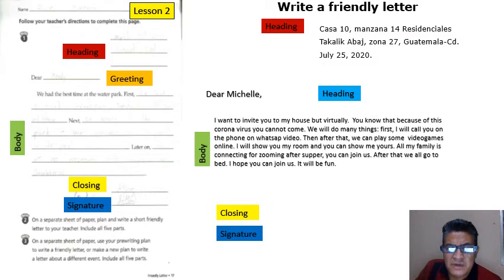I will show you my room and you can show me yours. All my family is connecting for Zooming after supper. You can join us. After that, we all go to bed. I hope you can join us. It will be fun. So that's the central information that this girl wants to share with her friend, Michelle.